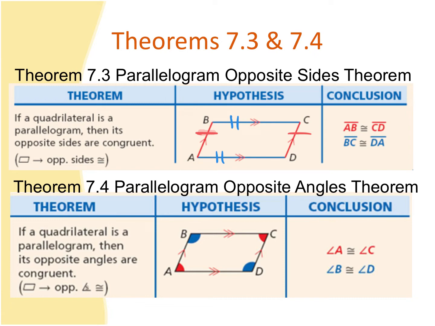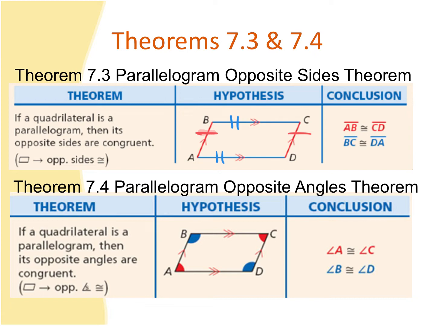The second theorem that's here is called the parallelogram opposite angles theorem. And this one states that if a quadrilateral is a parallelogram, then its opposite angles are congruent. So they've color-coded it here, so you can see that angle D is in blue, and so is B. So angle B and angle D are congruent, and angle C and angle A are congruent.